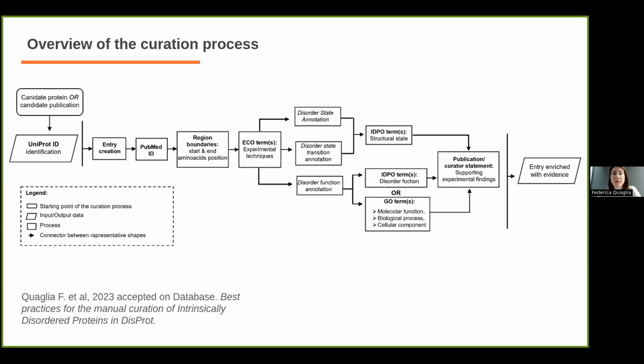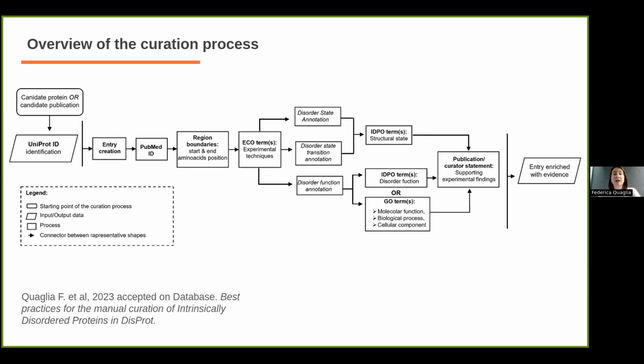Here you can see an overview of the curation process in DisProt. A curator will start from a candidate protein or candidate publication, will identify the UniProt accession number and create an entry. Then she will be able to add the PubMed identifier of the peer-reviewed scientific article that the curator wants to annotate.